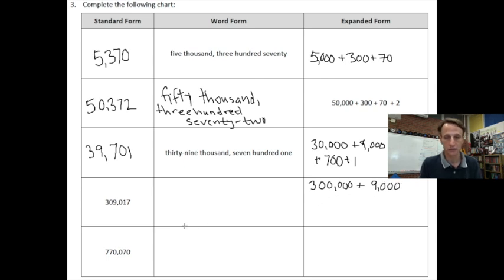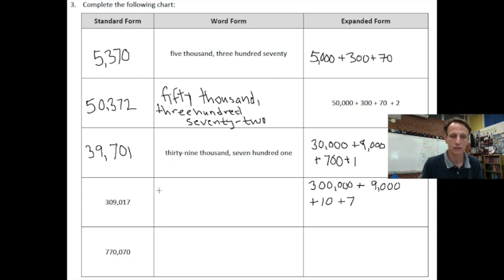Again, a 0 in the hundreds place we don't need to bother with, and we have a 1 in the tens place, so its value is 10, and then the 7 in the ones place, its value is, you got it, 7. And so now we can say we have 309. See the 309, the comma will name the place 1,000.